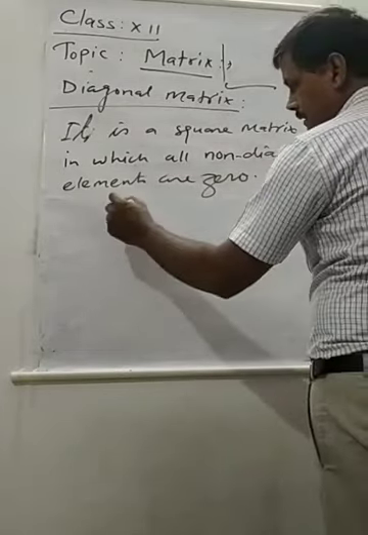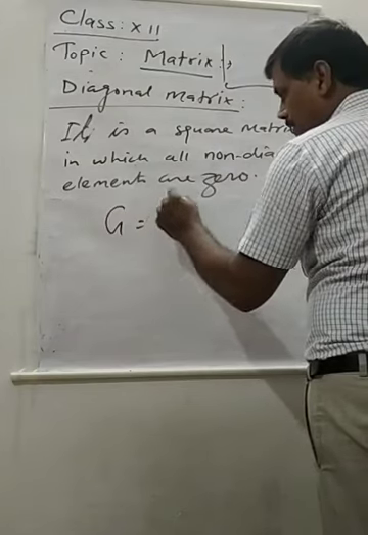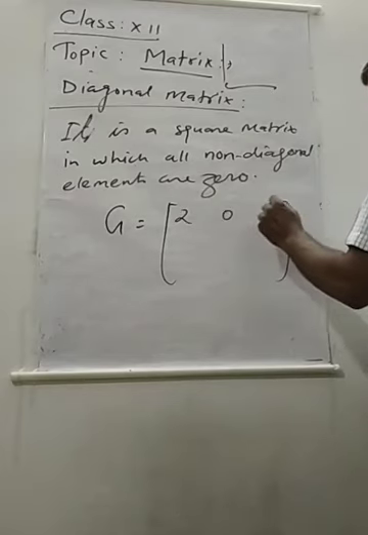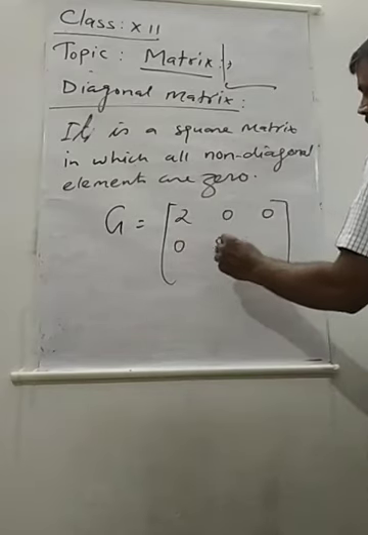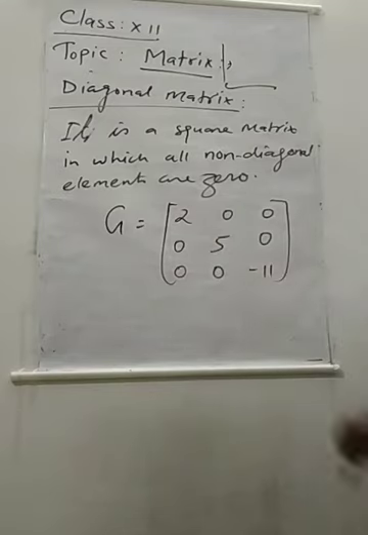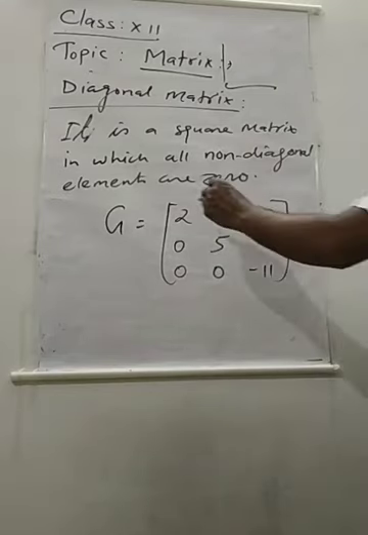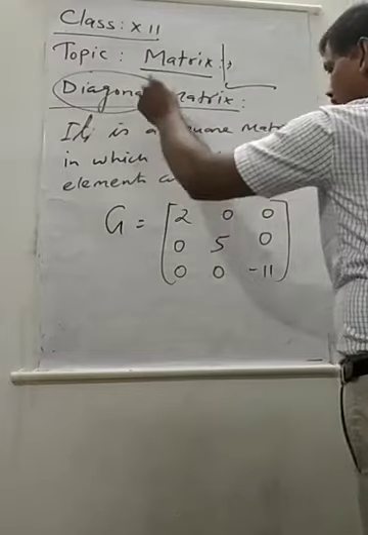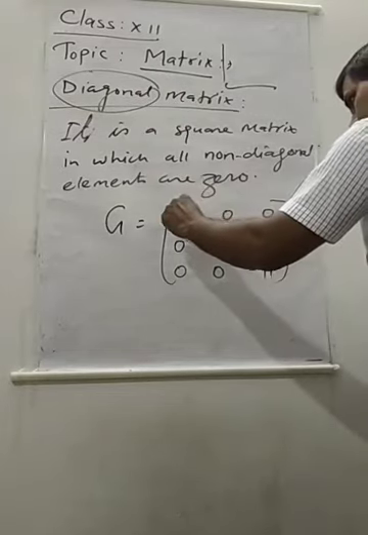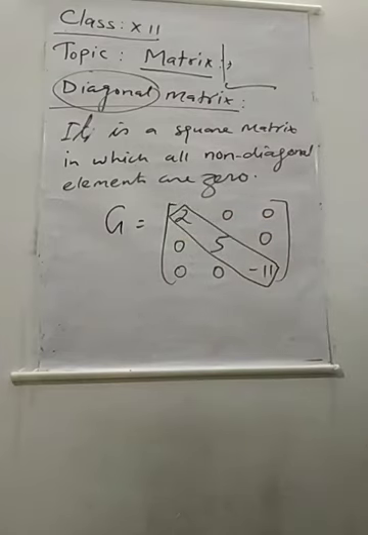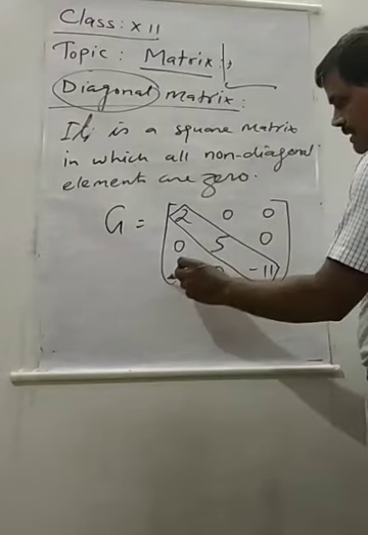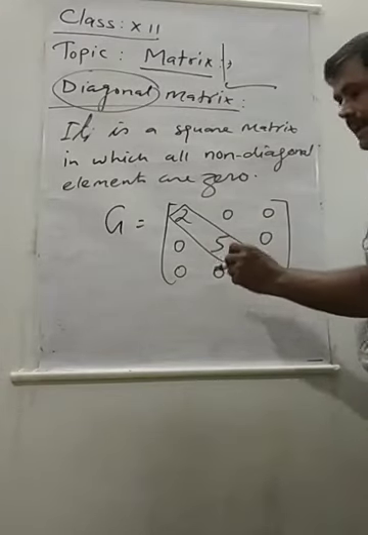Let's have an example to understand. Matrix G is equal to 2 0 0, 0 5 0 and 0 0 minus 11. Children, the word diagonal is used for this diagonal actually, although we call this other diagonal the subordinate diagonal.